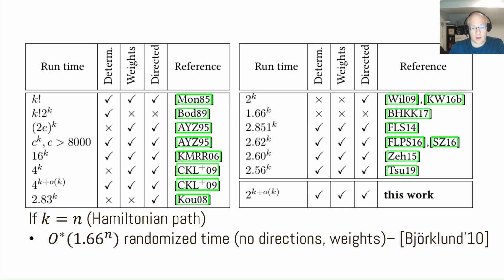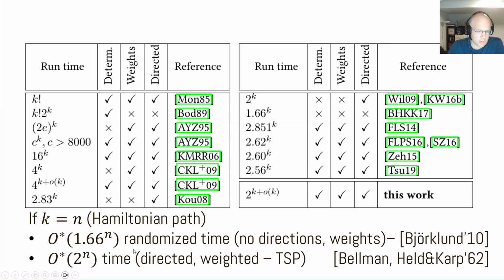In particular, for the Hamiltonian cycle problem, there is a 1.66 to the power n randomized algorithm that only works in the unweighted undirected case. But there is also a 2 to the n time algorithm that works in the directed case, in the weighted case, and is deterministic. And in these senses, these are the best algorithms we have for this problem.